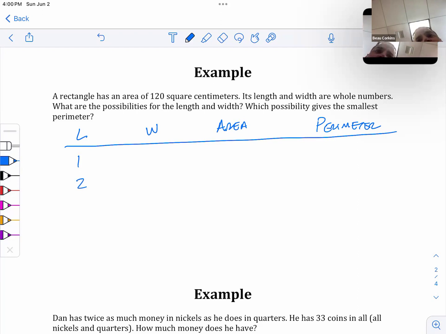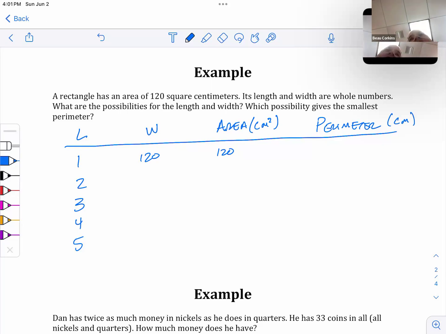And if we have whole numbers, we can basically just start by guessing a lot of the values. So if the length is 1, that means the width has to be 120 in order to make a 120, okay, and this is centimeters squared area, which means the perimeter is centimeters.